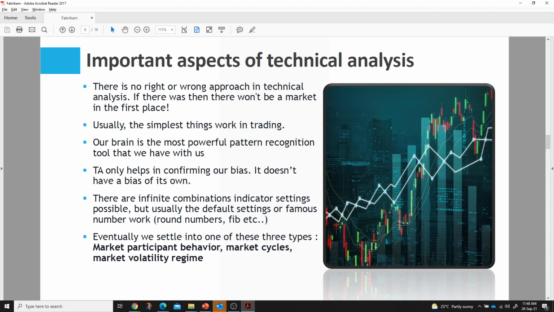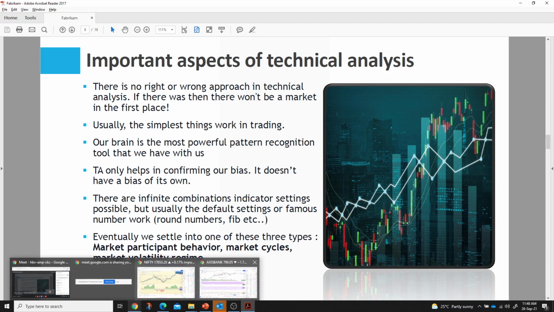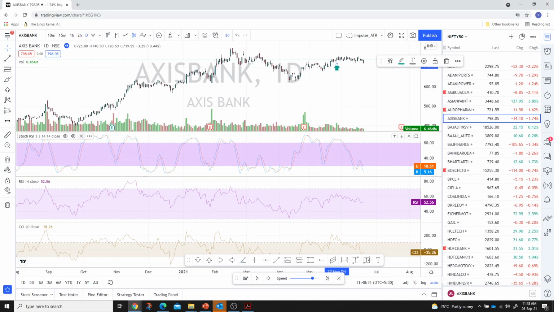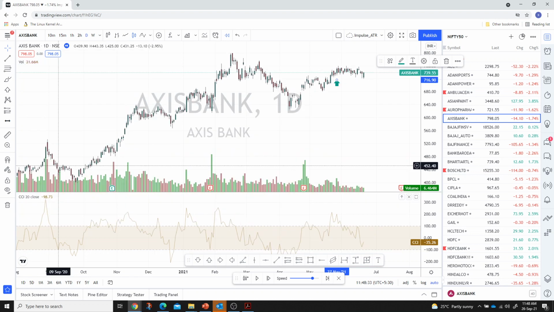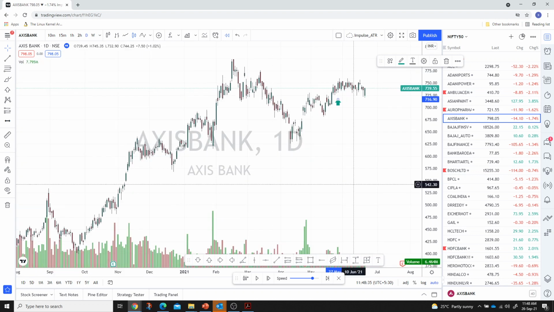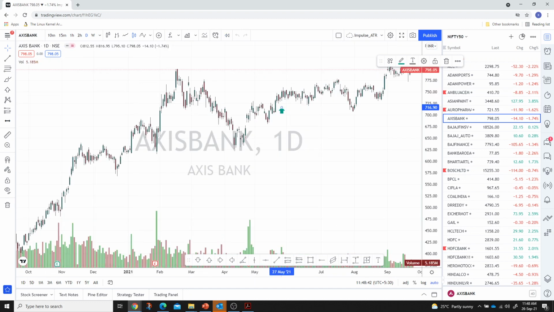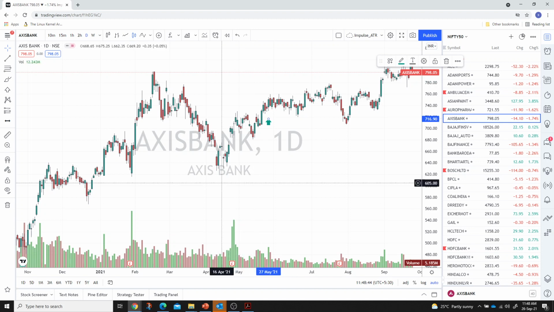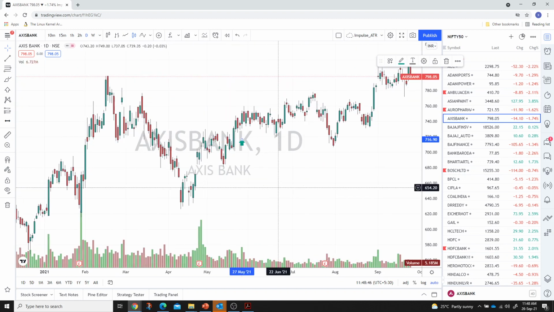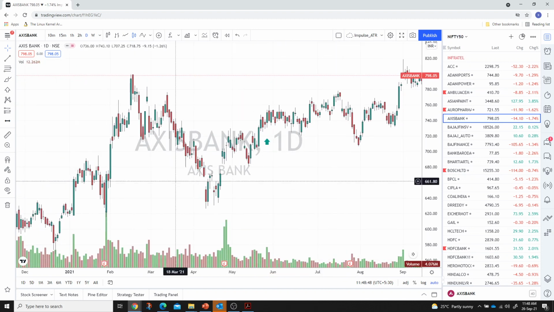Then the most important asset we have with us is our brain. It is the most powerful pattern recognition tool that we have. It is like how kids learn. Let's say I remove everything here. Let's say I'm a guy who is into trading. I started today. Now, if I look at this chart, it is only some up and down red green candles.